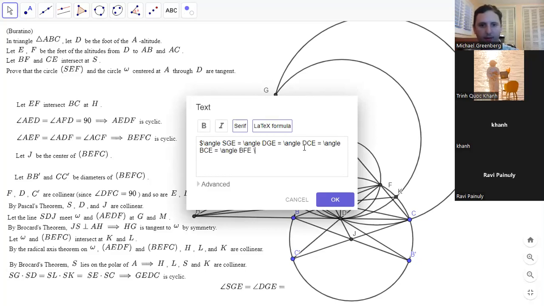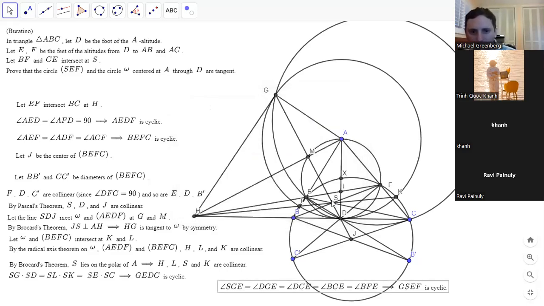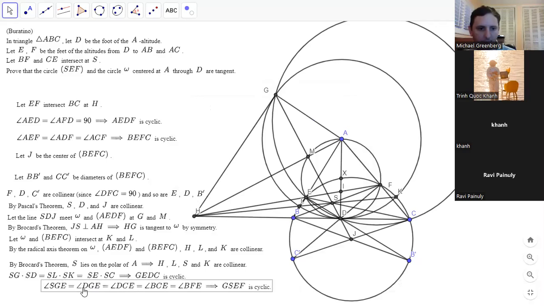And that means that GSEF is cyclic. Or GESF.